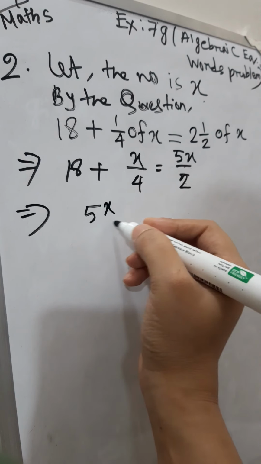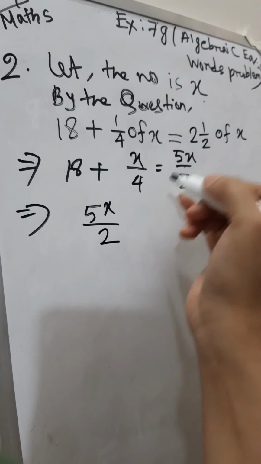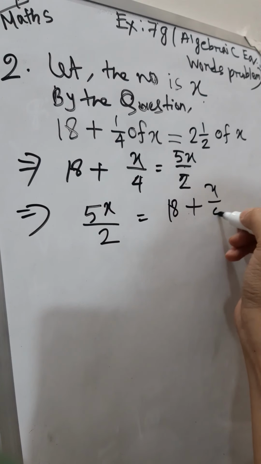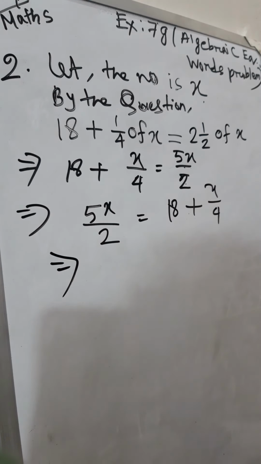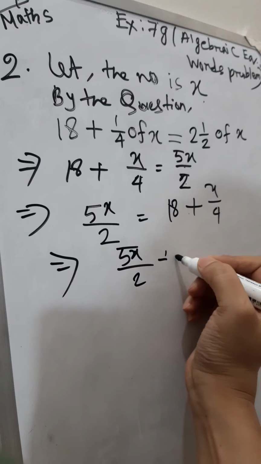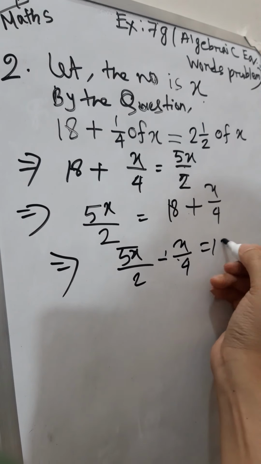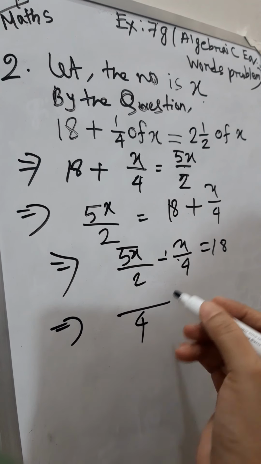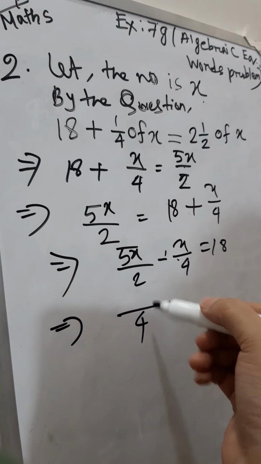So 5x by 2 equals 18 plus x by 4. I am just changing the side of the whole equation. Now 5x by 2 minus x by 4 equals 18.